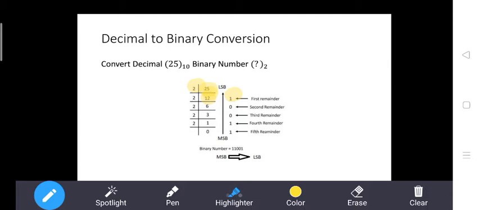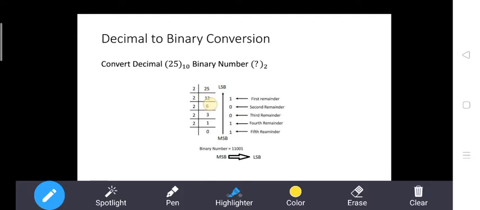Okay, I again repeat. 25 divided by 2, answer will be 12. 12 into 2, 24. 25 minus 24, remainder will be 1. Next, this 12 divided by 2, answer will be 6. 6 into 2, 12. 12 minus 12, remainder will be 0.